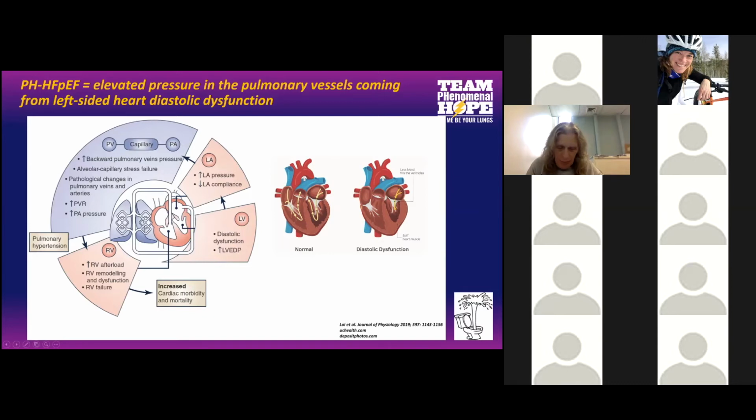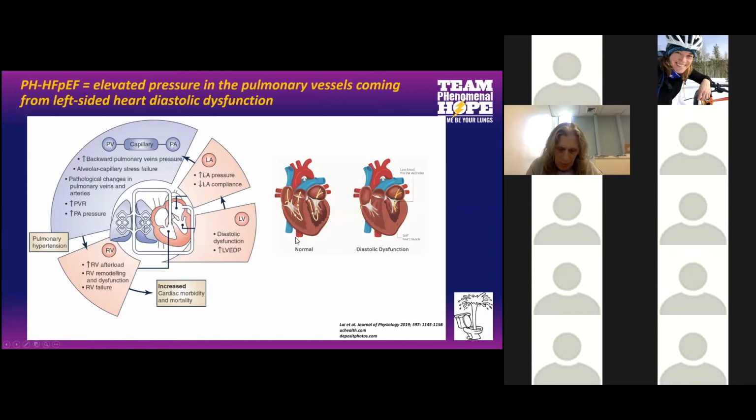When the feeding pressure goes up, the pressure has to go somewhere. Now the pressure goes back to the pulmonary circulation and then to the right side of the heart. So eventually, these patients still get pulmonary hypertension and right side heart failure.